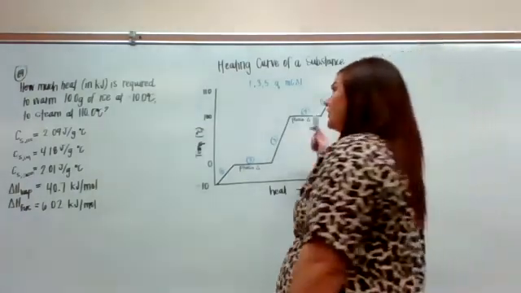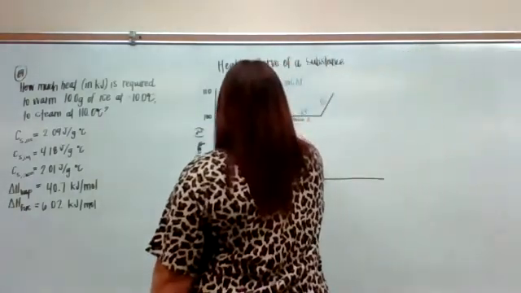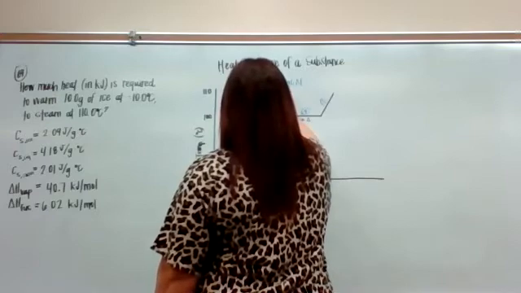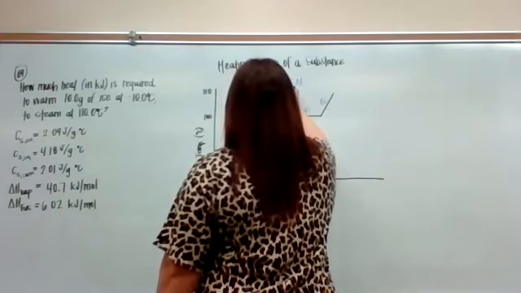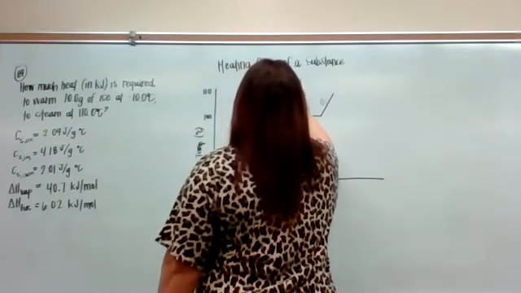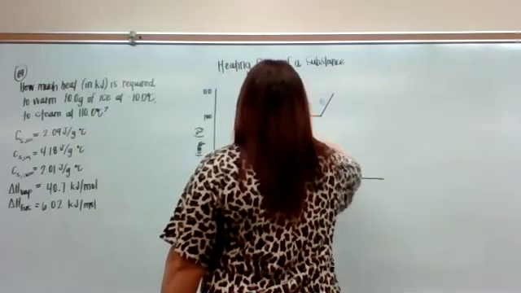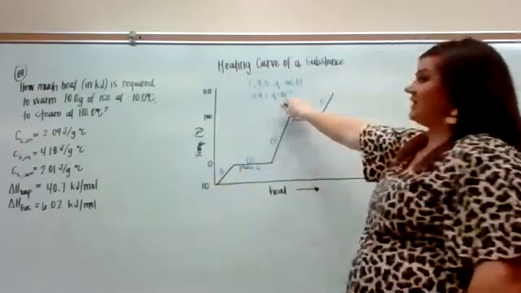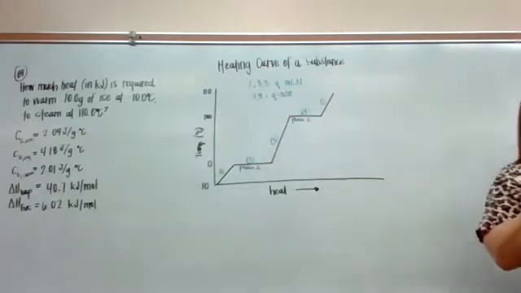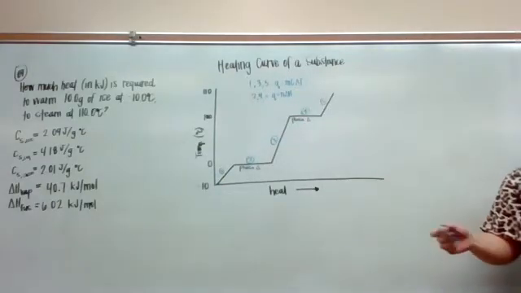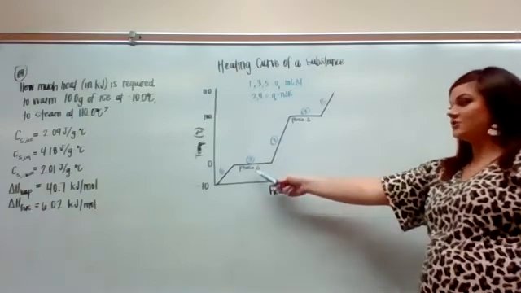For 2 and 4, that's your phase change. You use Q equals N, which is the number of moles, times delta H of that phase change. So down here, it would be the delta H of fusion.